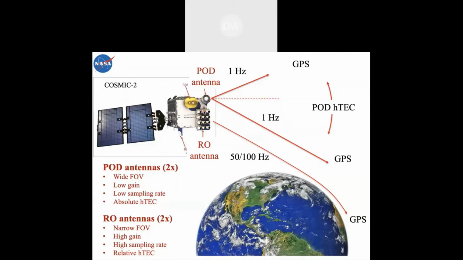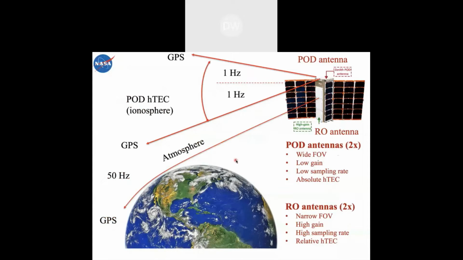Another one is a radio occultation antenna with a high gain beam, so you can track very low signal, very directionally coming from the GNSS.